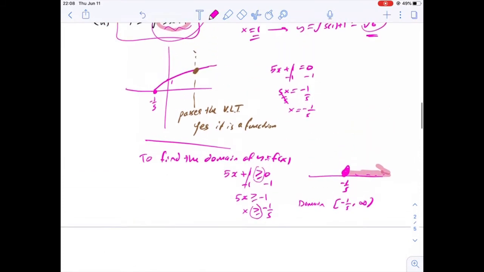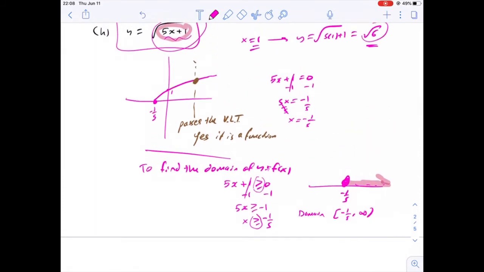Now, what is the range of this function? The range, if we look at the function, is the y values. The y values start from this height to infinity. As you can see, this graph goes to height infinity. So from here, this is the range.